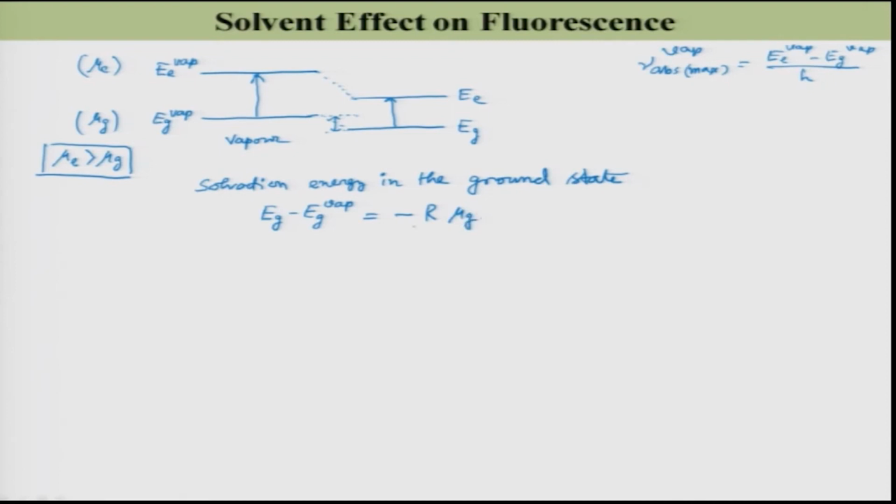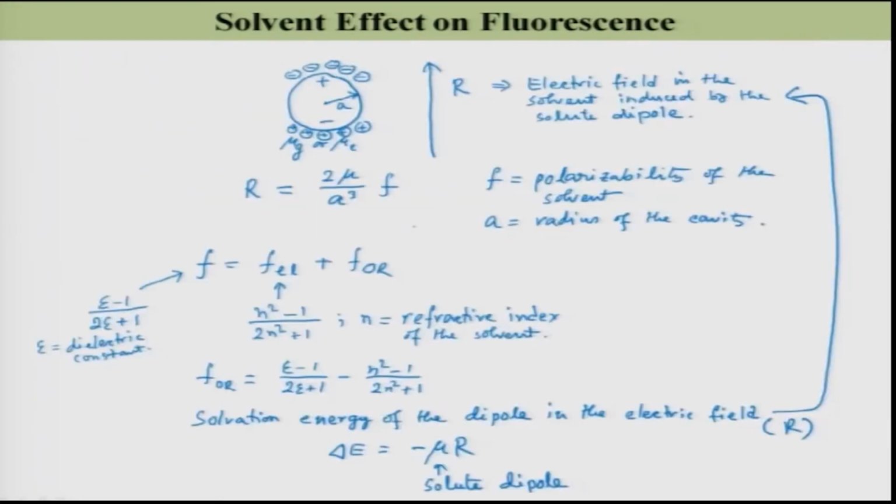Now, R has two components, as I showed, right. Here R is 2 mu by a cube into f, f is f EL minus f OR.